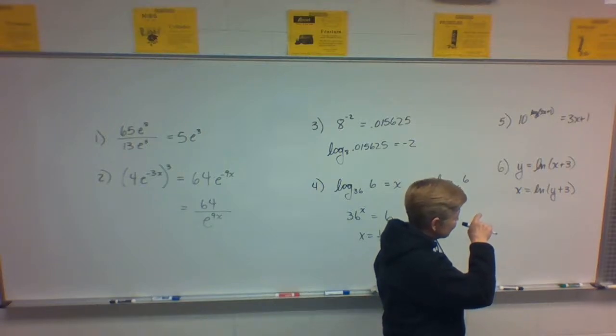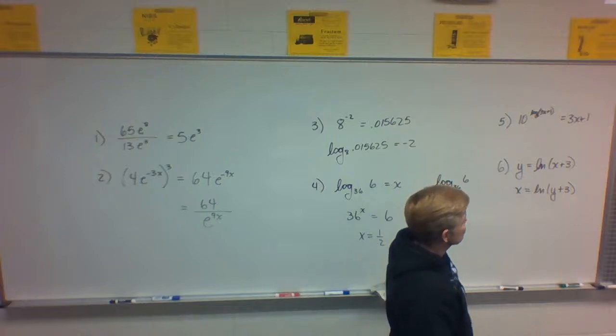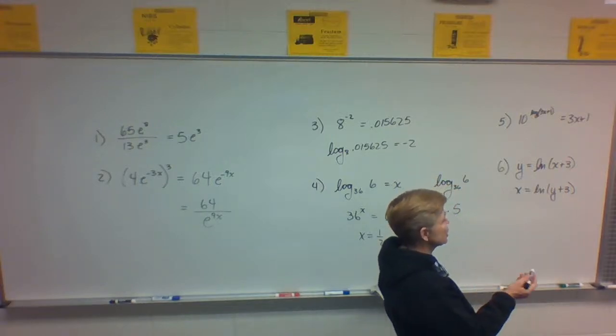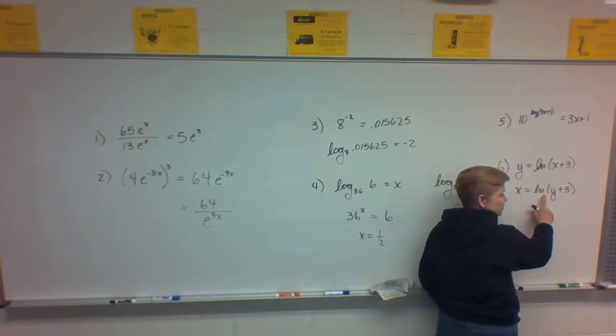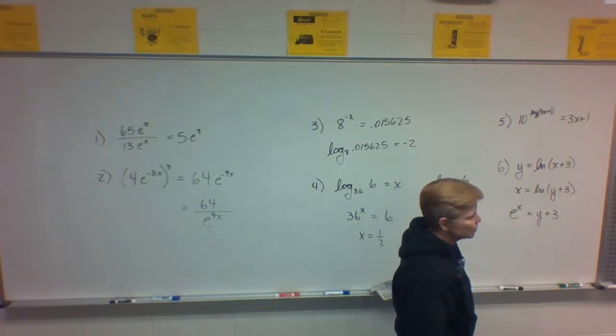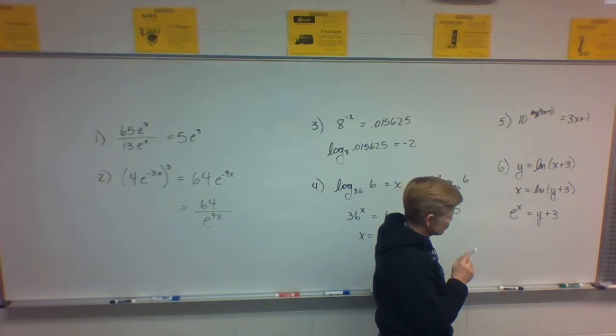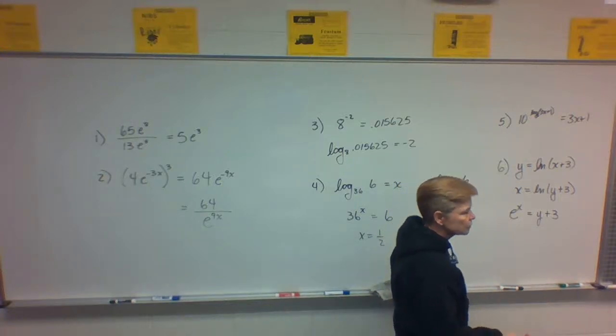It's stuck behind that logarithm door and you can't undo it unless you use an inverse, which means if you've got a log, you want to change it to an exponent, or in other words, you e it. See the e right there? You take e, raise to the other side, equals what you're logging. That's that one thing I told you, you gotta be able to do it. You gotta change logs to exponents. So there's that move. That liberated the y and the plus 3.